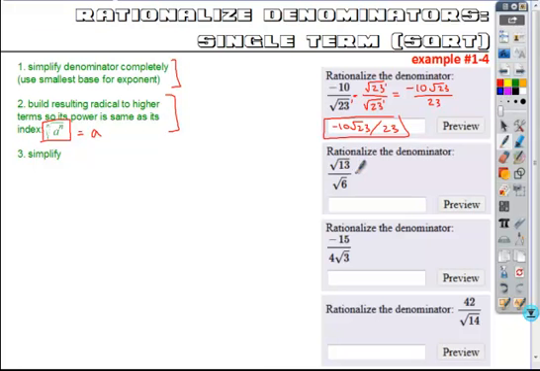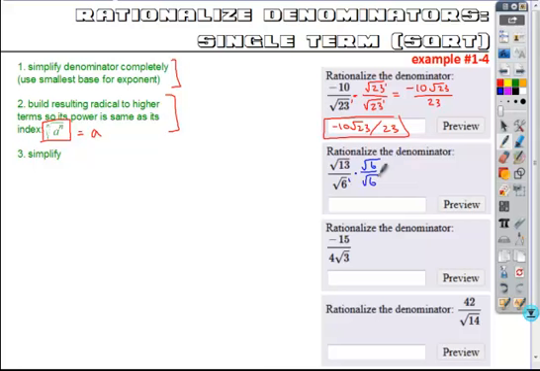I'm going to walk through one more time and talk through these steps. If I have radicals in both the numerator and denominator, it doesn't matter, it's still the same thing. I reduce my radical in the denominator: root 6 has no perfect square factors to remove. So when I rationalize, I'm going to use the same radical, square root, the same base 6, and build up my powers so they equal the index. My index is 2.